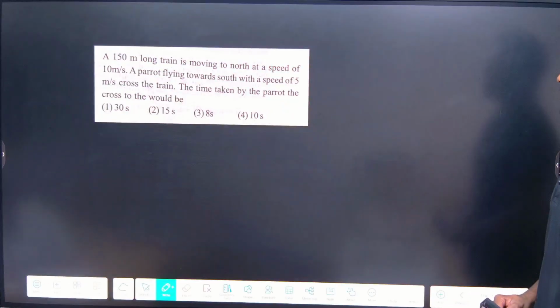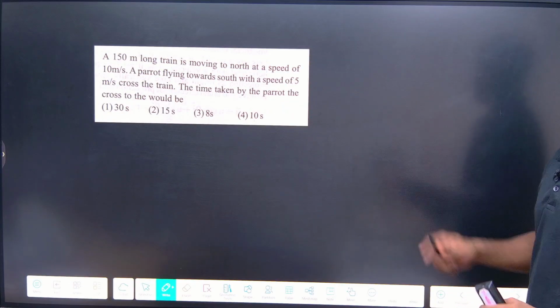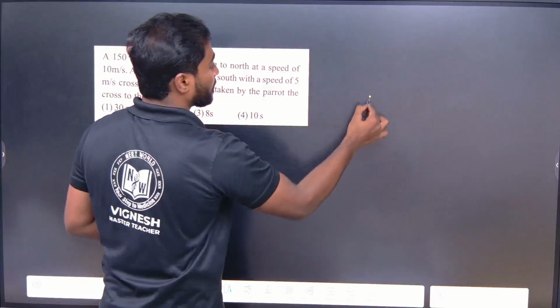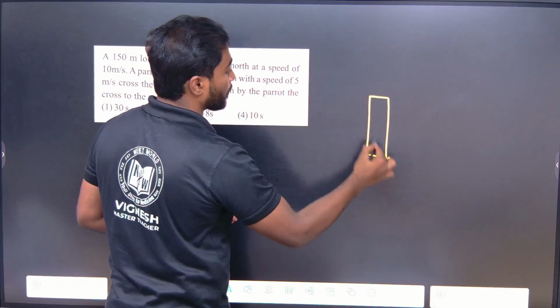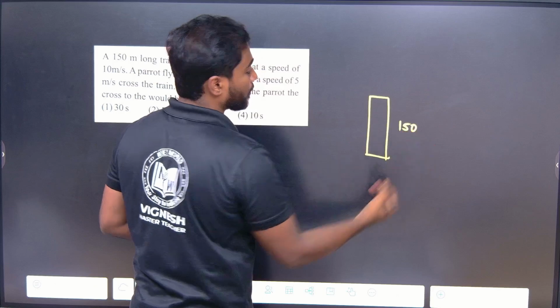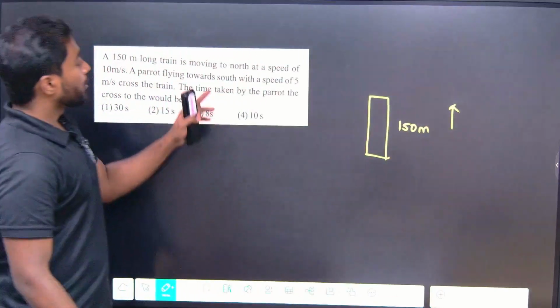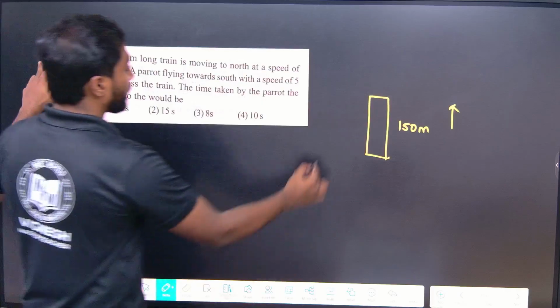A 150 meter long train is moving north. Moving north, in the sense, suppose let me consider, this is my 150 meter train, moving north in this direction, with a speed of 10 meter per second.